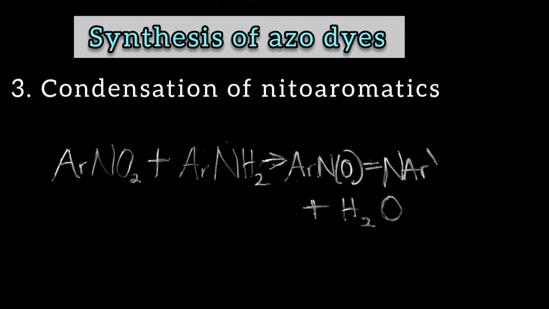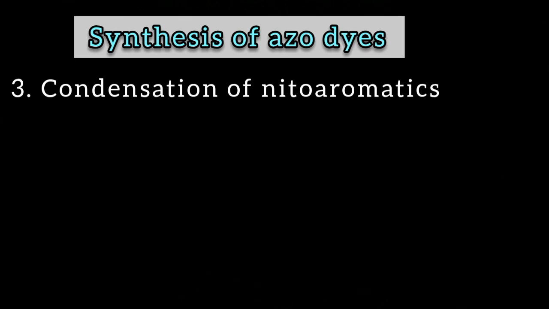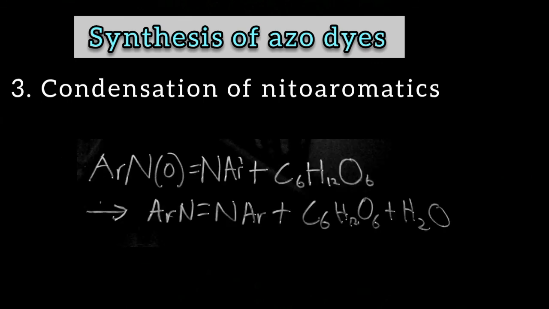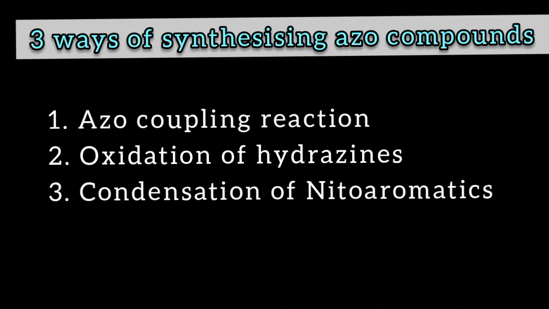There will be condensation of nitroaromatics with anilines, and the product of this will be further reduced, which will result in an aromatic azo compound. Those are the three ways in which aromatic azo compounds can be synthesized.